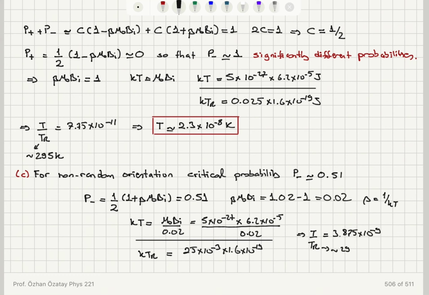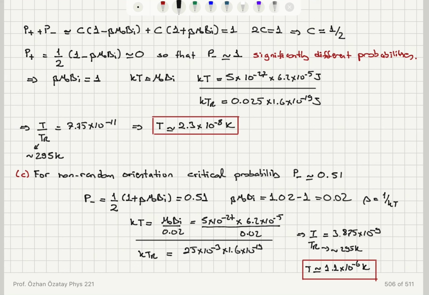Room temperature is roughly 295 Kelvin. So this gives me a temperature of 1.1 times 10 to minus 6 Kelvin. Roughly. So again, because I'm using this approximation, this is an approximate answer.